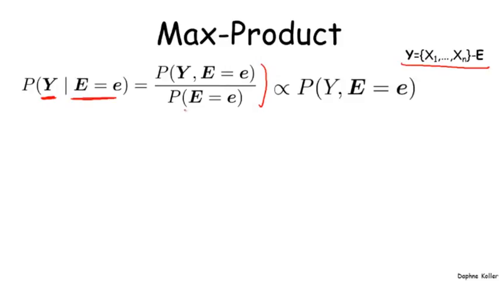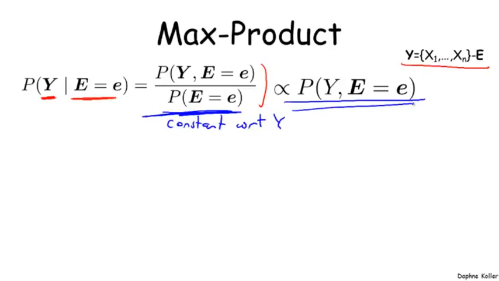And notice that the denominator is constant with respect to Y, which means that for the purpose of finding the maximal Y, we don't really care about the denominator, only the numerator, which is the probability of Y comma E equals little e, the unnormalized measure.